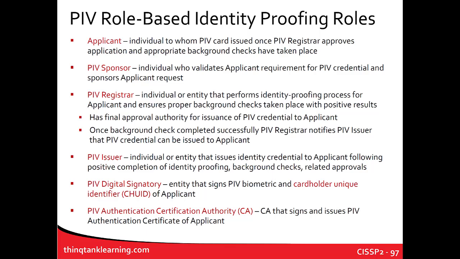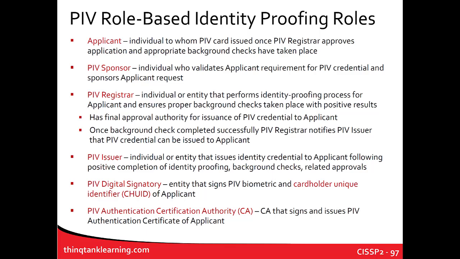The sponsor is the individual or organization that's validating the need for the credential. They're the ones that typically initiate the application process, and they provide the business justification to get the credential.